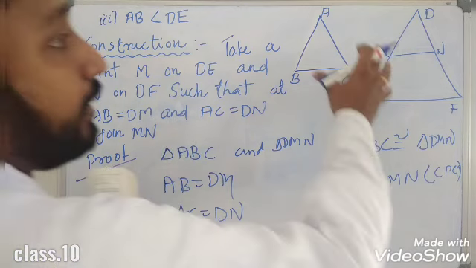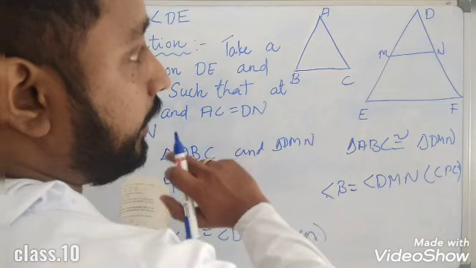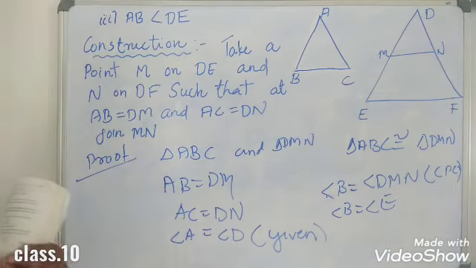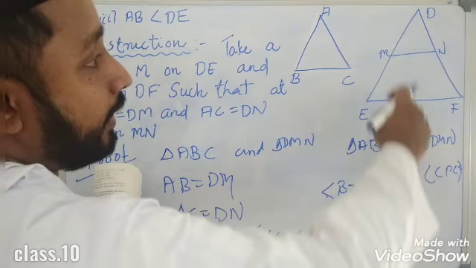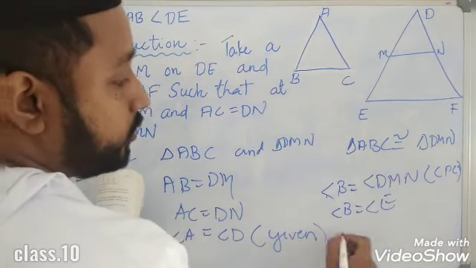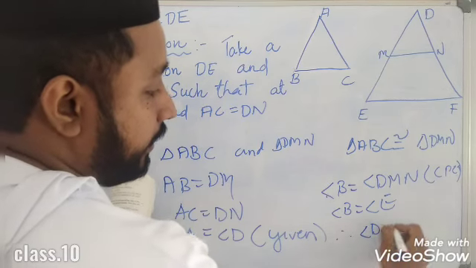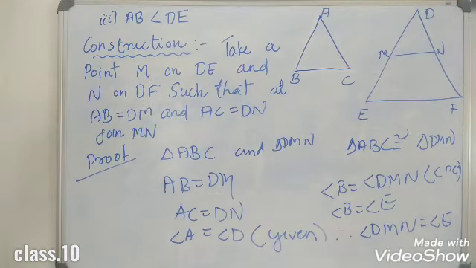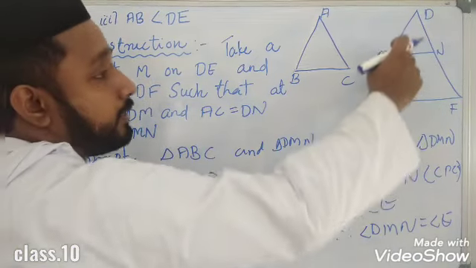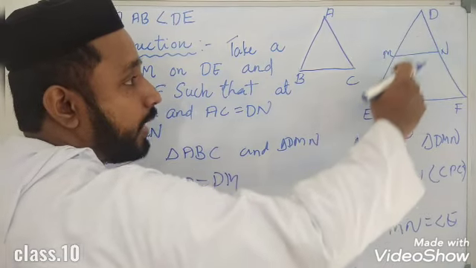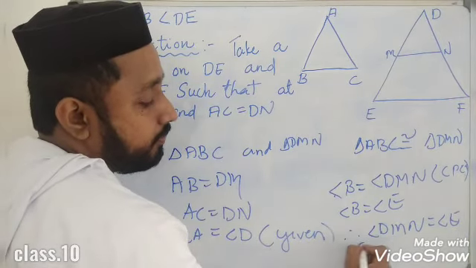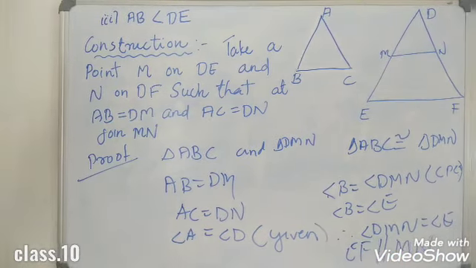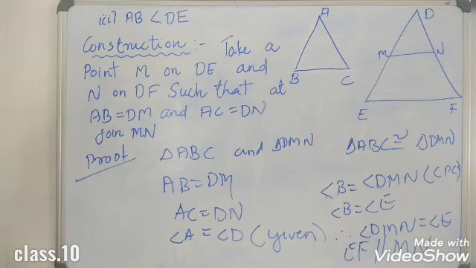By the statement of the theorem, angle B is equal to angle E. So angle DMN is equal to angle E. These two angles are equal. We can say that these two are corresponding angles. Then EF is parallel to MN. These two lines are parallel.